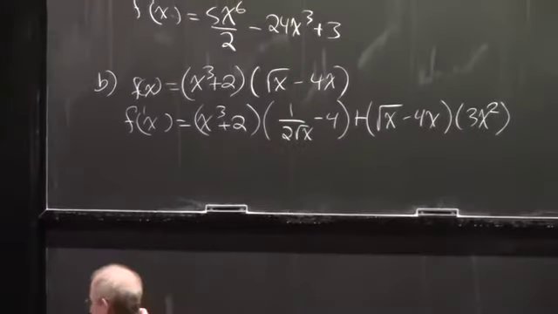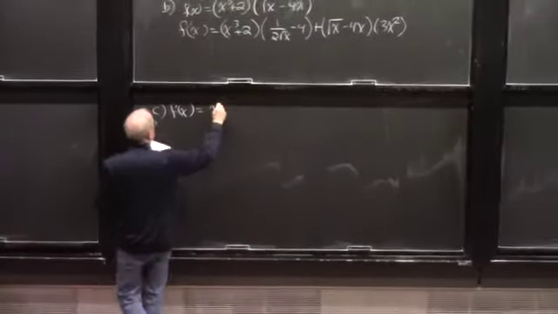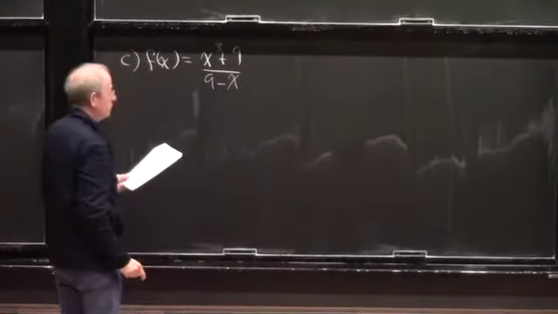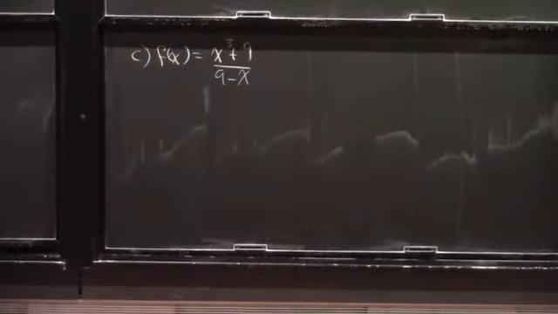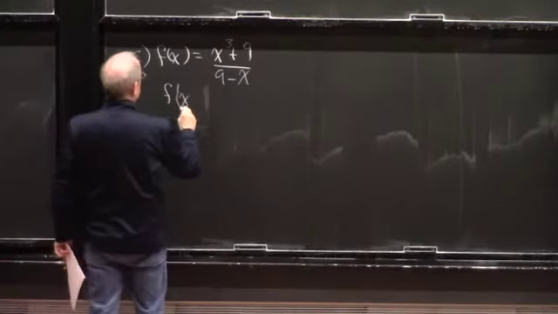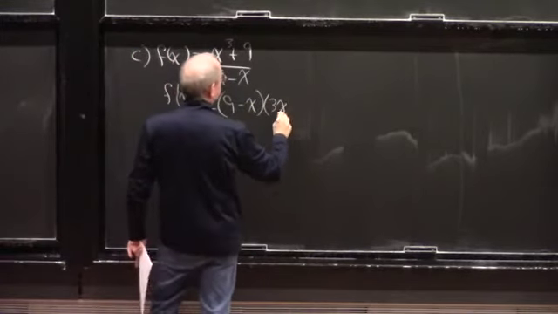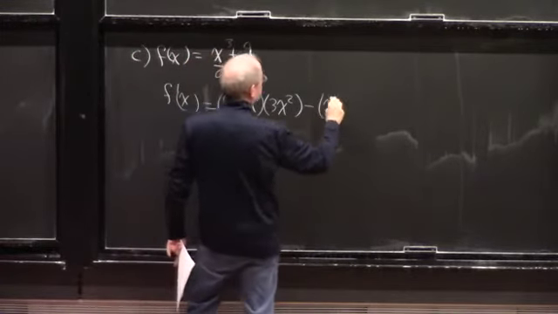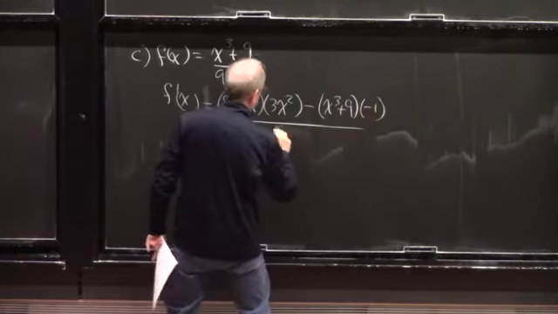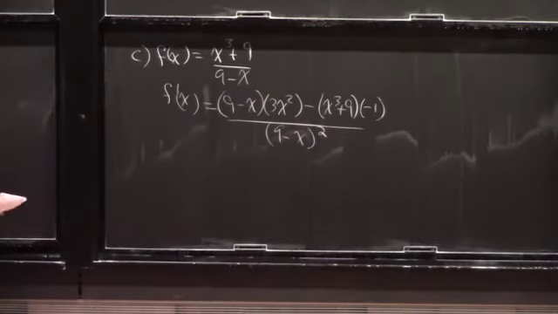Third one, they got sort of progressively harder. This one you can do with the quotient rule. So f prime of x, bottom function times derivative of the top minus top function times derivative of the bottom over the bottom squared.